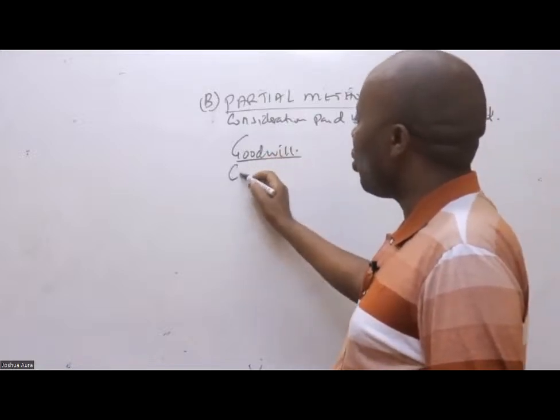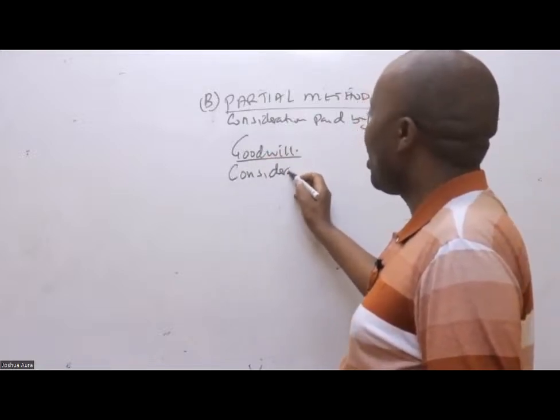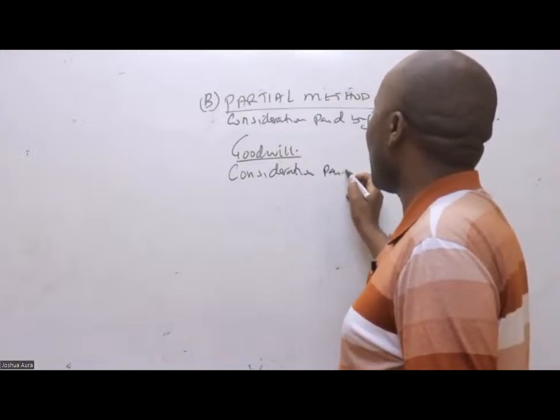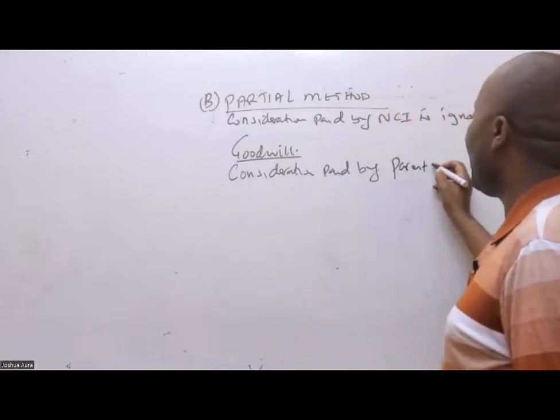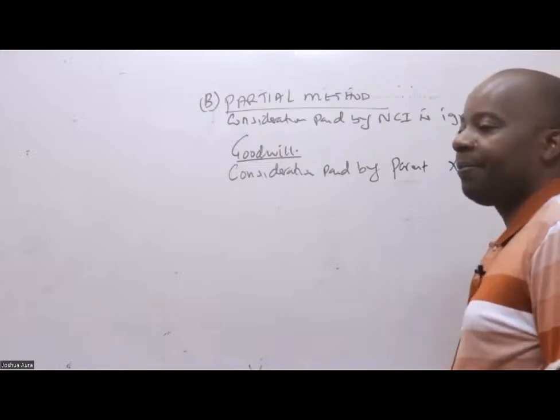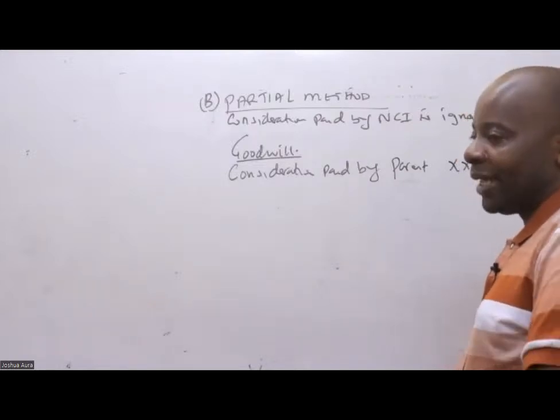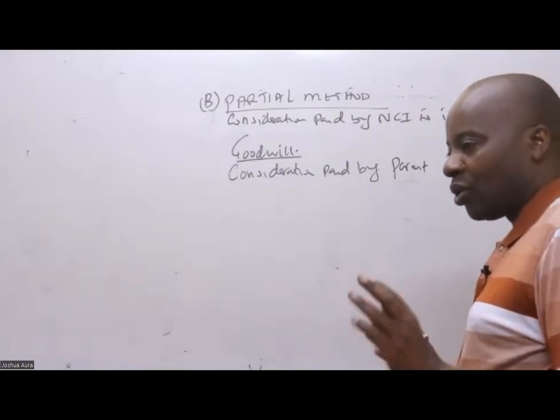So meaning that our goodwill computation will look like this. We have here the consideration paid by the parent. Consideration paid by NCI now is 0, is hot air.